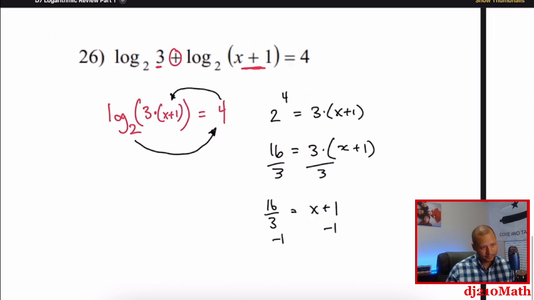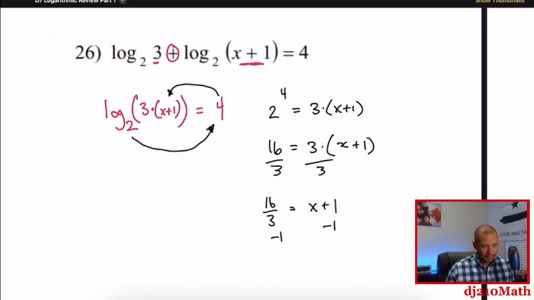So 16 over 3 minus 1. You could actually combine the left-hand side, right? Like 1 is really 3 over 3, right? We have to get a common denominator. So 16 minus 3, 13. 13 thirds.